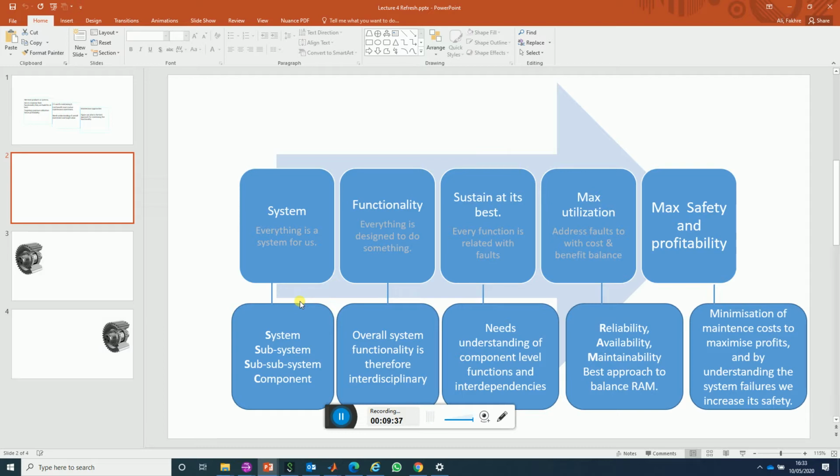And the reason why we do this is because we really want to understand how these fault modes influence the functionality of the overall system. So let's say from the fuel tank, fuel is supplied to the engines. It has to pass through pump, it has to pass through ducts, it has to pass through filters, it has to pass through valves.